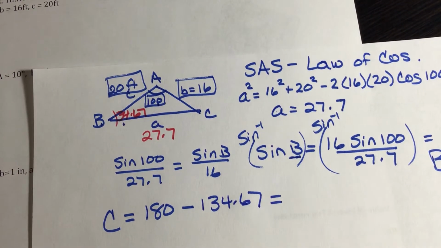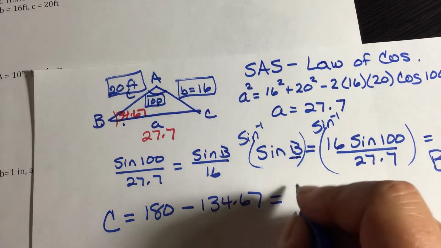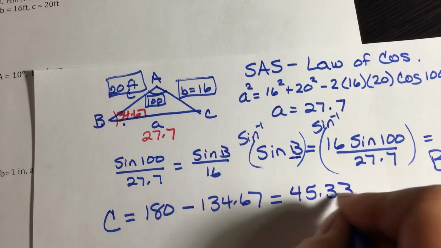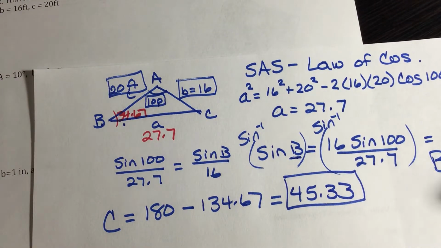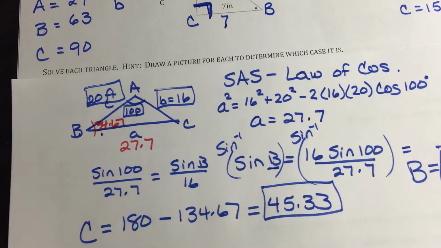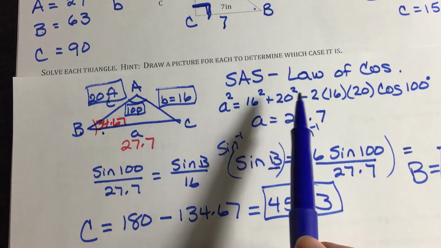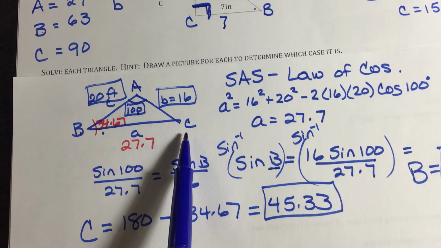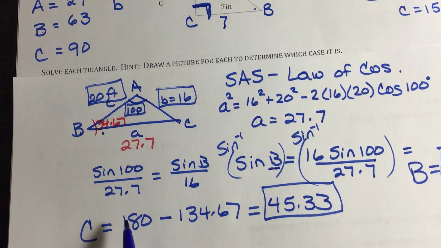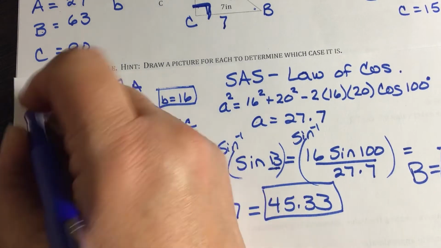And angle C is 45.33. All right, so we had to start off using law of cosines. I could use it again to find an angle measure, but it's so much easier to use law of sines and then to use the property that the three angles have to add up to 180. So this was number 3.